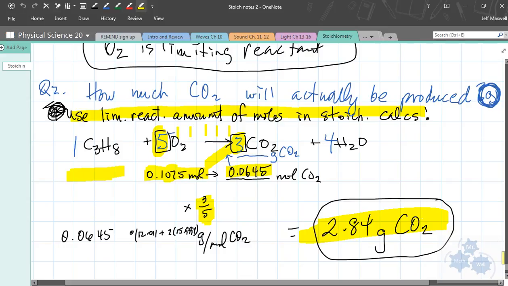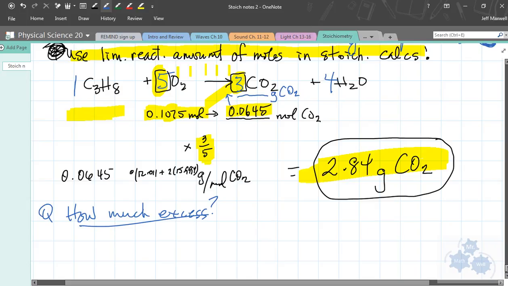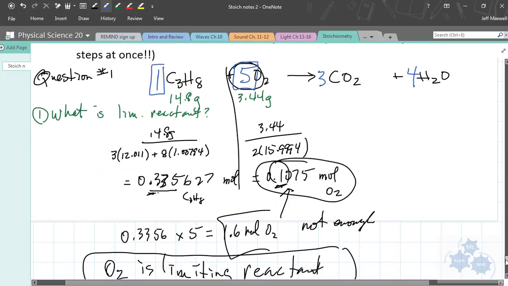On your assignment, you have a third question here, and that third question says, how much excess reagent remains? So how much excess? Now, how we find that out is this, okay? So you go back to your original question, and you look at the moles, right? You look at this molar ratio, and you say this is the limiting reactant, okay?